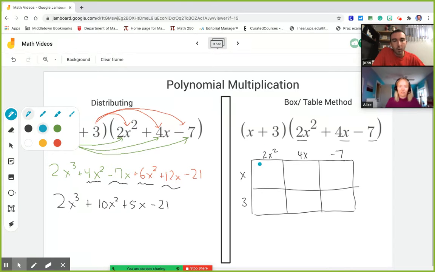So for the first product, if I want to find the area of this square, I would multiply length by width, or 2x squared by x, giving me 2x to the third. For the next entry, I will multiply 4x by x to find the area of this square, and 4x times x is 4x squared.